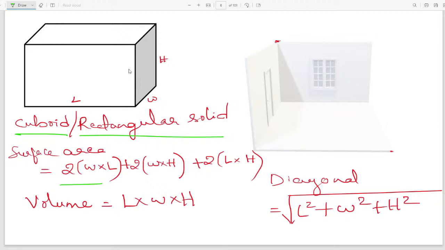This is also H here. So we have 6 faces. We have 3 in those 6 faces.